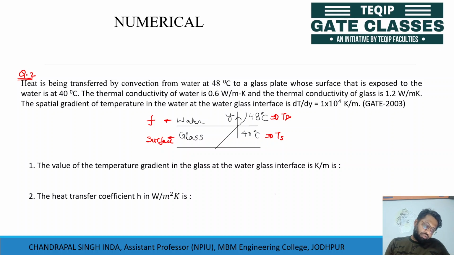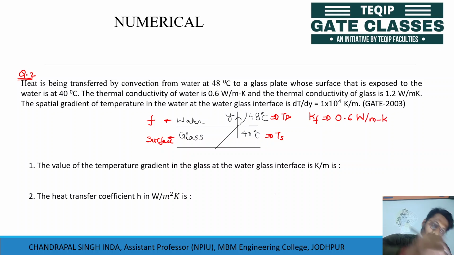The thermal conductivity of water, Kf of the fluid, is 0.6 watt per meter Kelvin, and the thermal conductivity of the glass, K of solid, is 1.2 watt per meter Kelvin.